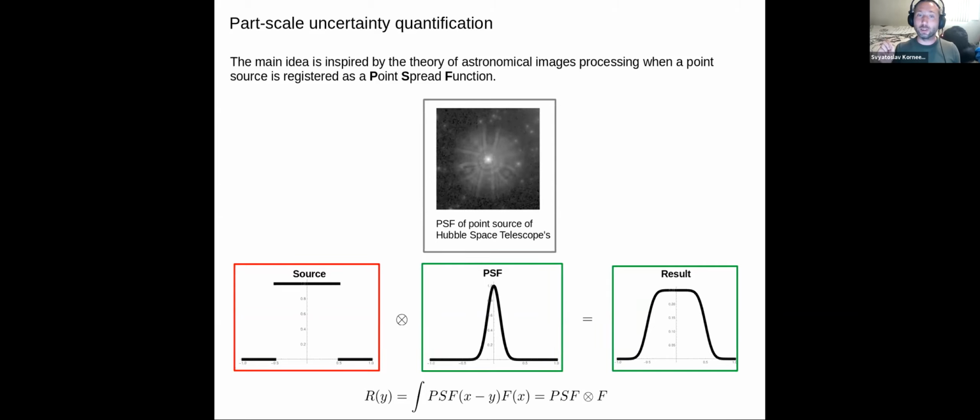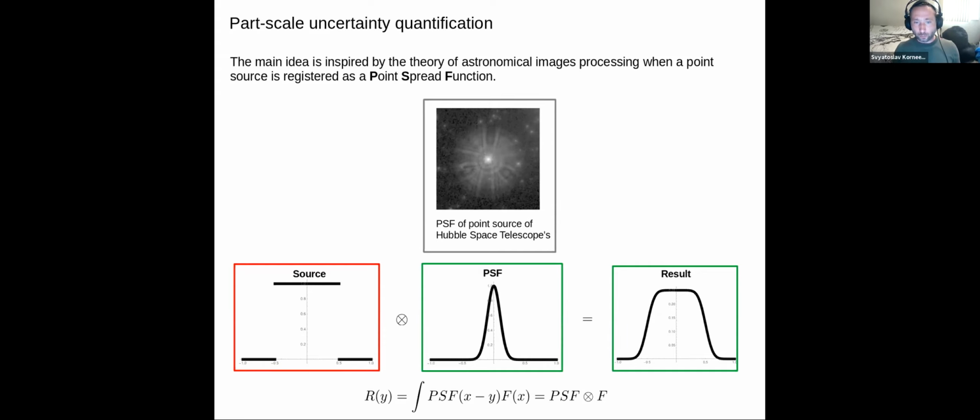It looks blurred, because the atmosphere and the optical system introduce variations. The figure in the middle shows how a point source translates to a point spread function for the Hubble Space Telescope. You see how much the blurring affects it.